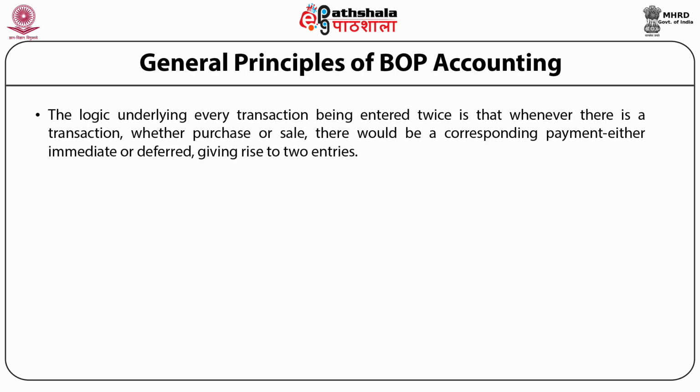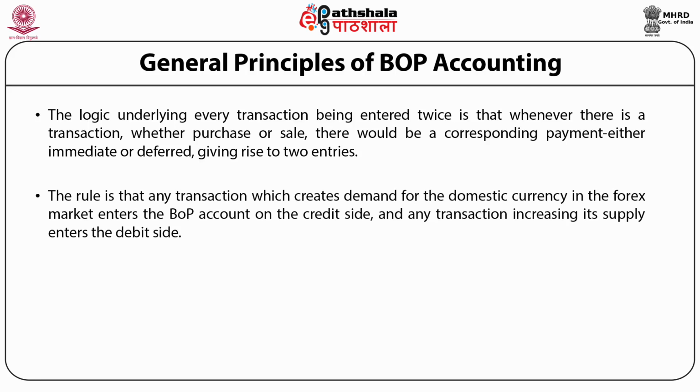Actually, there is a clear rule for determining the side of a BOP account on which a particular transaction should be entered. The rule is that any transaction which creates demand for the domestic currency in the forex market enters the BOP account on the credit side, and any transaction increasing its supply enters the debit side.